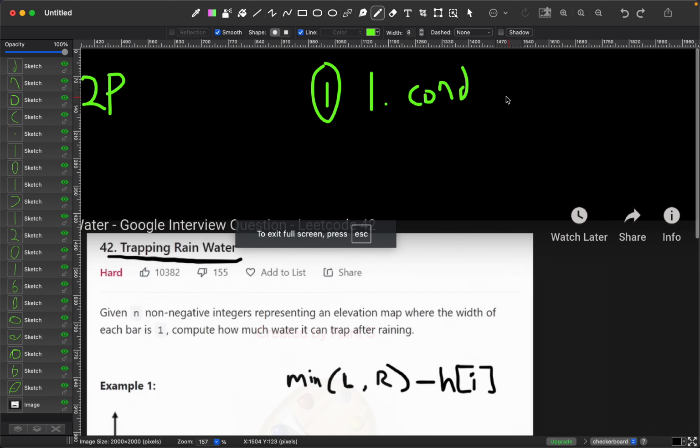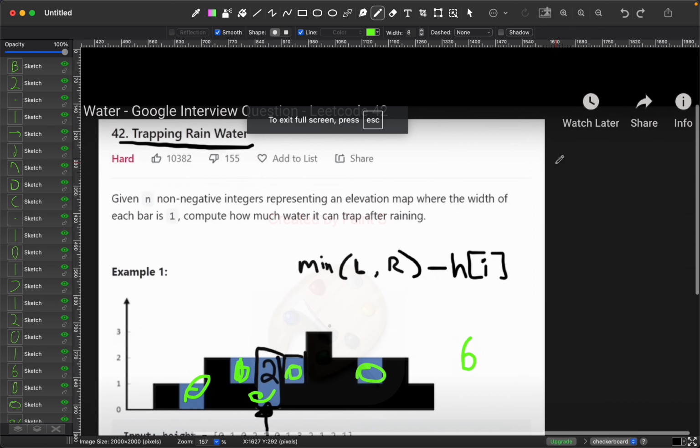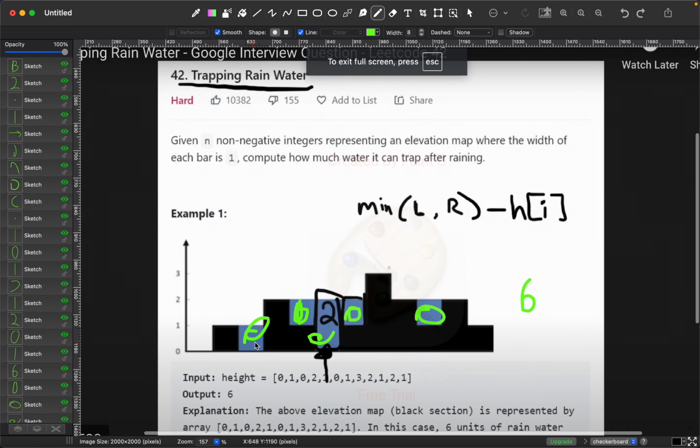The conditional statement is stating that we need the two barriers to be there to actually contain the water. And the bottleneck is the shorter one. So if you've got one tall, one short, you're bottlenecked by the short because the water will overflow from there.